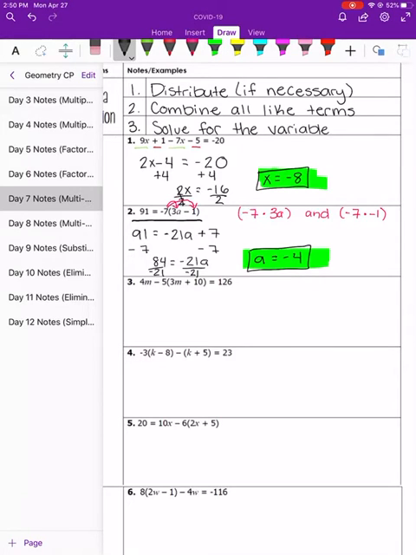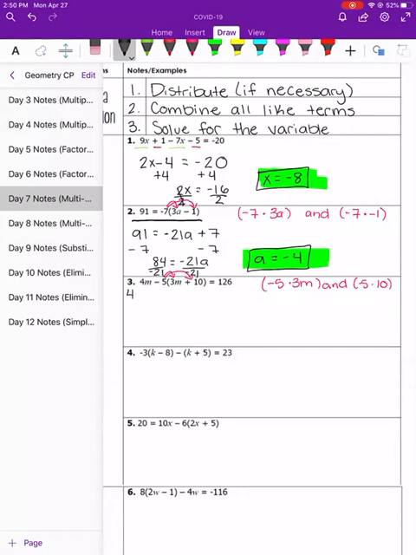Okay, so problem 3, I do see that I need to distribute because I have 4m minus 5 times, in parentheses, 3m plus 10. So I'm going to go ahead and distribute. So you guys should have a negative 5 times a 3m and a negative 5 times a 10.